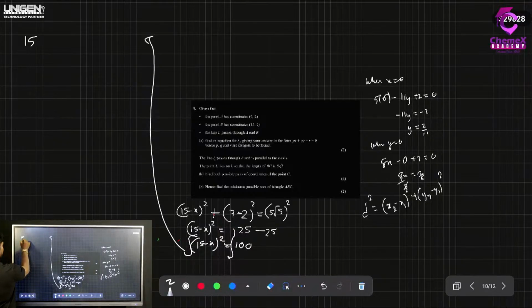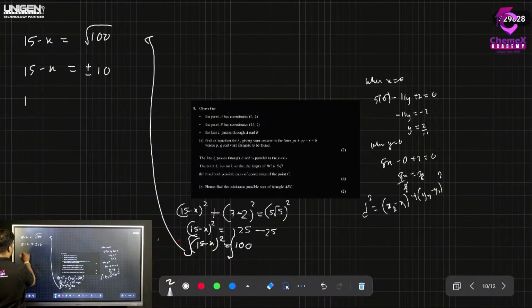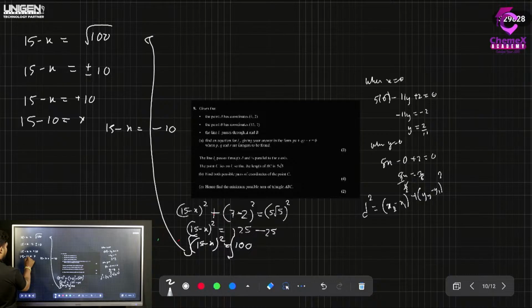So 15 minus x is equal to root 100. So you know that root 100 can be what? Plus 10 or minus 10. So 15 minus x is equal to plus 10, or 15 minus x equals minus 10. So x is equal to 15 minus 10, which is 5, or x is equal to 25.